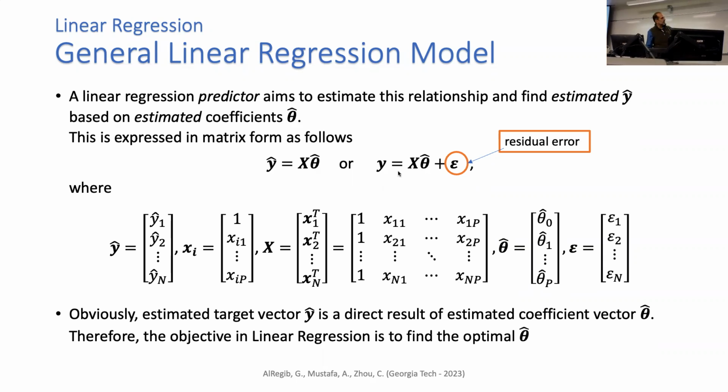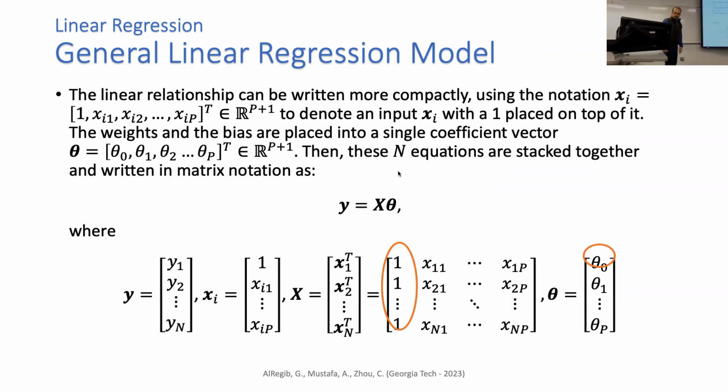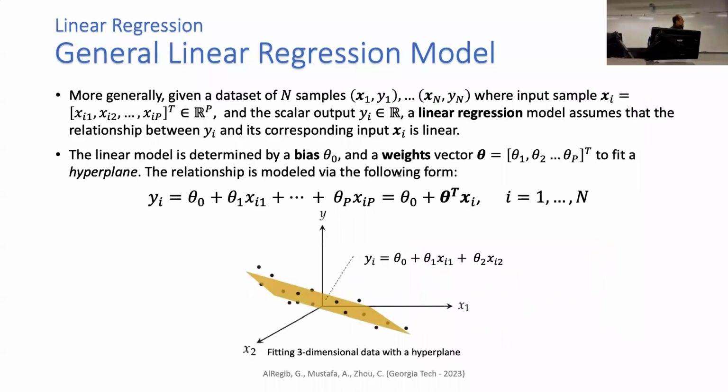Okay, so let me solve it and look at it from here. Look at this equation here. We agree that for y1, I will have theta 0 plus theta 1 times x11, plus theta 2 times x12, all the way to theta p times x1p, right? Now, I could write it using this notation here. I have theta 0 outside, and then I have this row vector, and then I have the column vector for the xi.